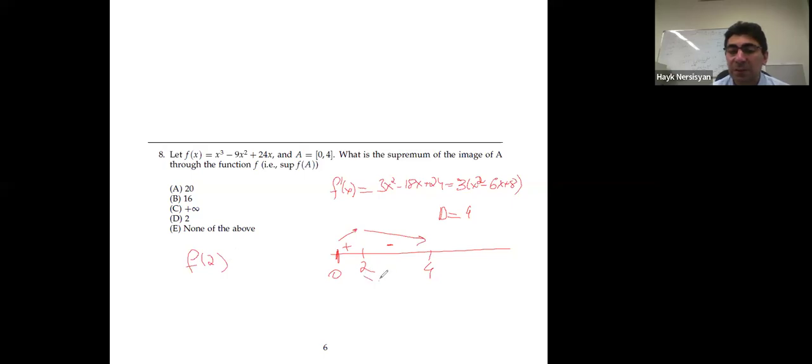This is the global maximum point, and f(2) is the global maximum value, which is 8 minus 9 times 4 plus 48, which is 20.